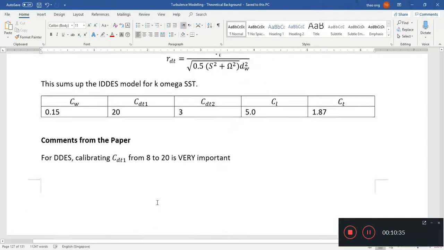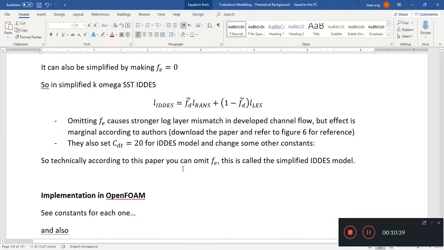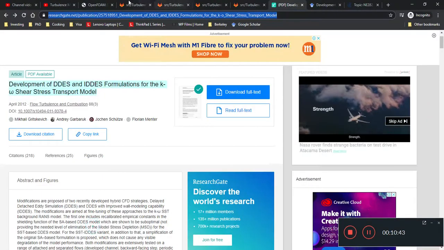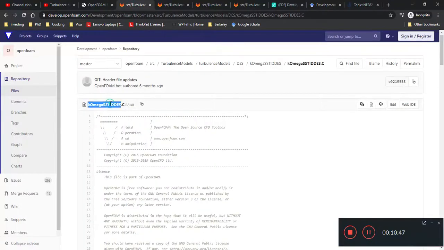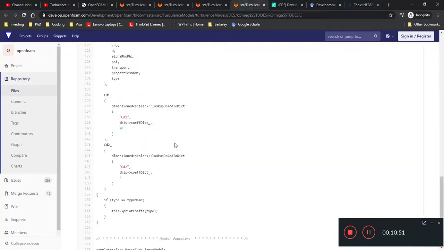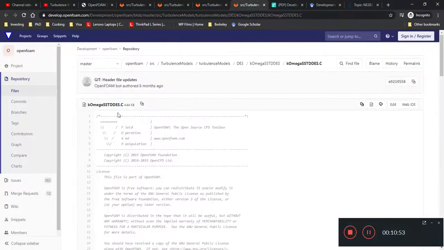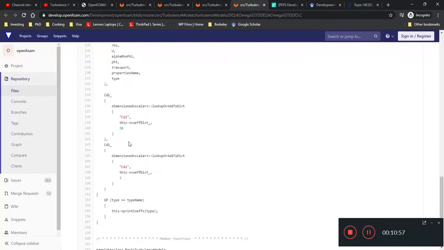So we can take a look at the DDES part, and you can see what the typical value is. This is the IDDES source code. This is the DDES source code, the C file, and you will find that CD1, the default value, is set at 20, as we were talking about before.